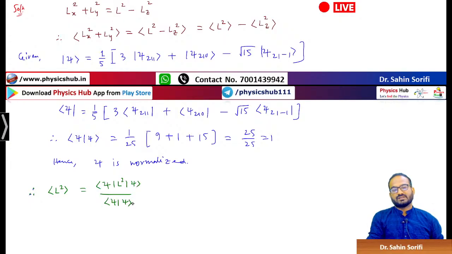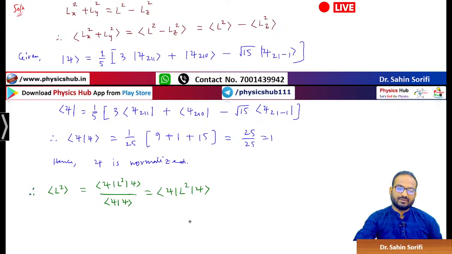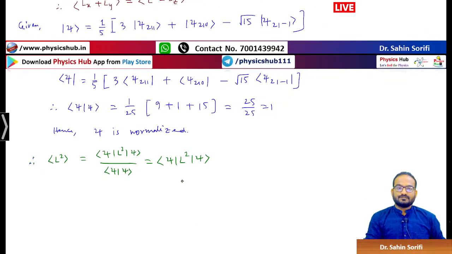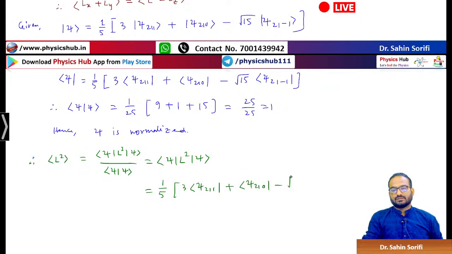Psi psi is 1 because it is normalized. Psi L square psi. Can we not find out psi L square psi? So this is bra psi. Bra psi you put 1 by 5, 3 psi 2 1 1, psi 2 1 0, psi 2 1 minus 1.